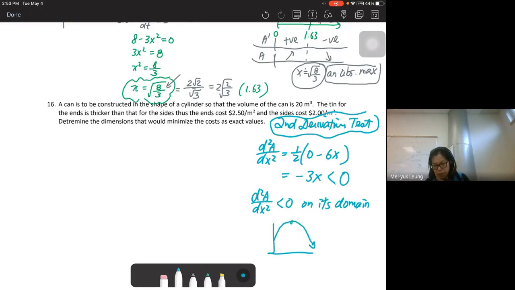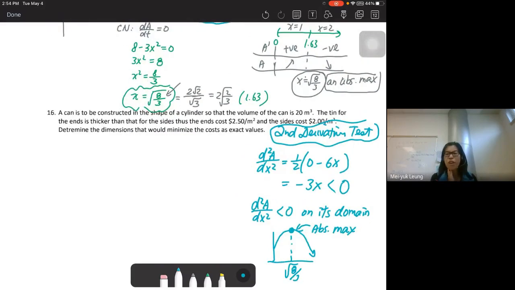So that means this point here at x equals the square root of 8 over 3 is going to be the absolute maximum point of the graph. Okay, so this is another way to justify why the critical number does not just give you the local maximum, but the absolute maximum of the function. Okay.